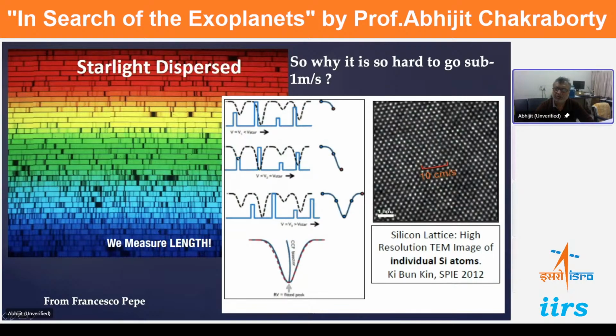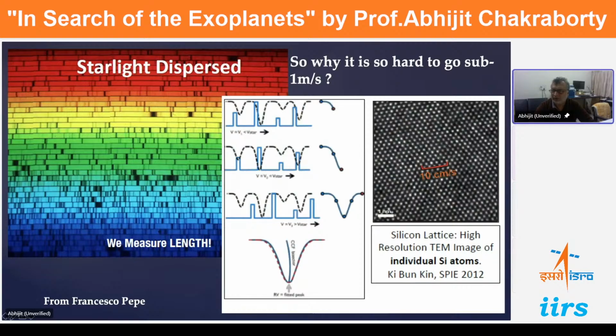So basically you are measuring length on a detector surface. Here is the electron microscope photo of a silicon surface where these individual dots are silicon atoms. You can see this is the scale of 1 nanometer.